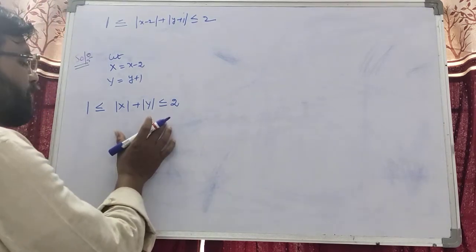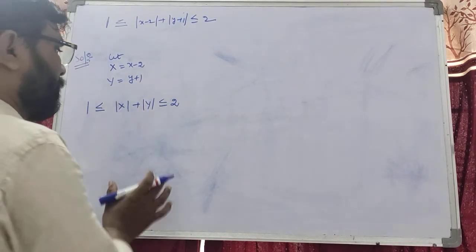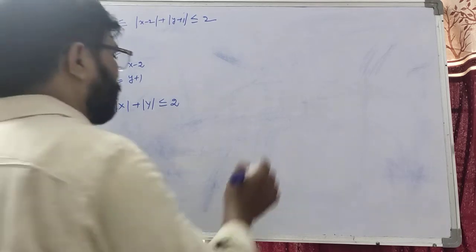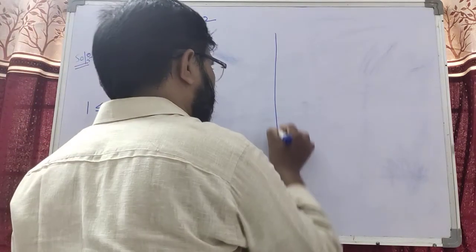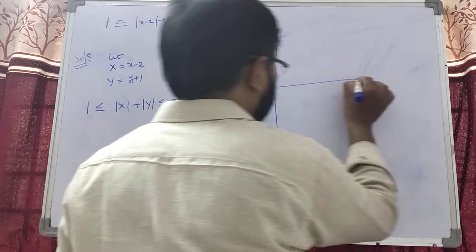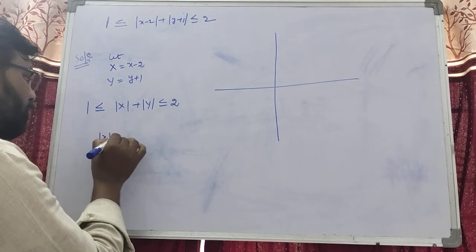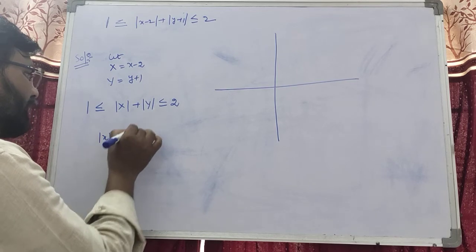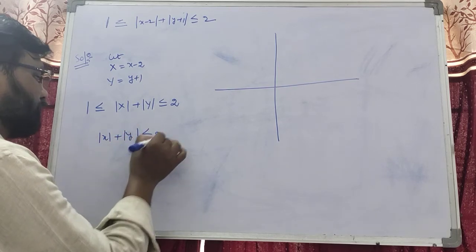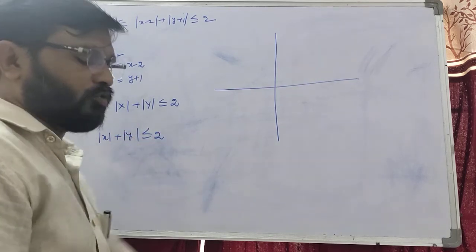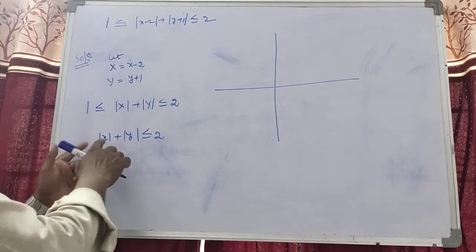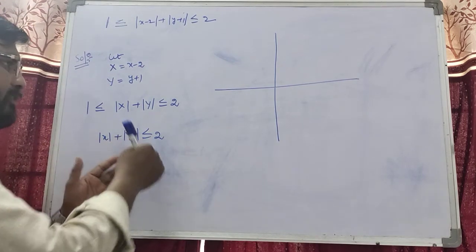Dear students, we can always first find the first quadrant. So we draw the x axis and y axis. First we take mod x plus mod y less than or equal to 2. You can put x equal to 0, and 0 is less than 2.